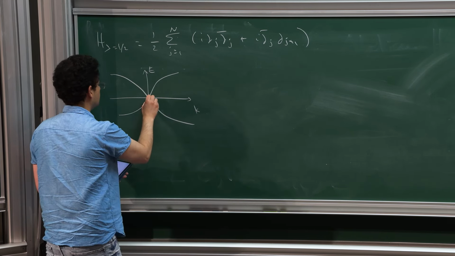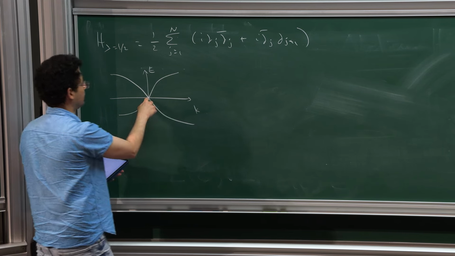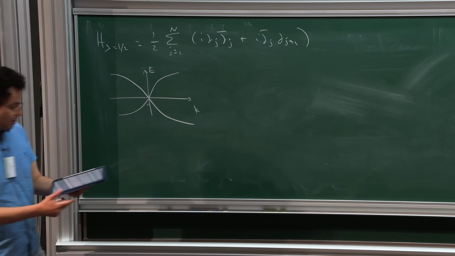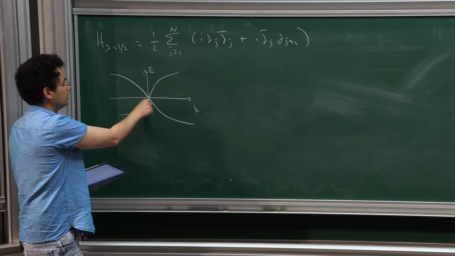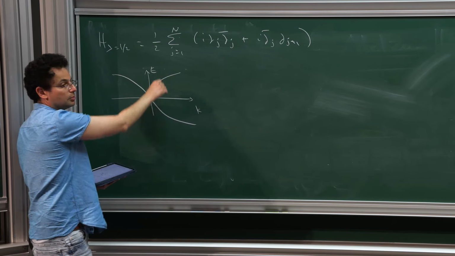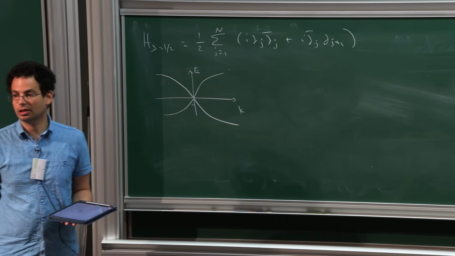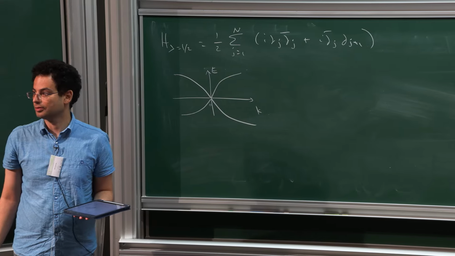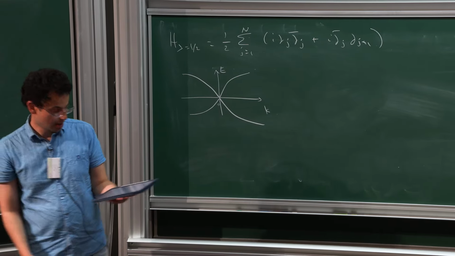So this is momentum 0 and energy 0. What you find is that at low energy, you have one right-moving Majorana fermion and one left-moving Majorana fermion. So the theory becomes gapless.